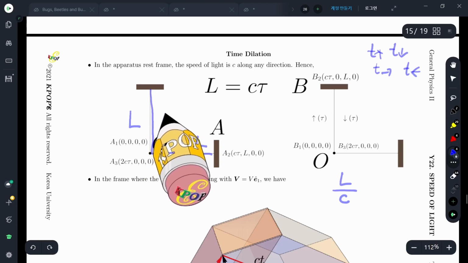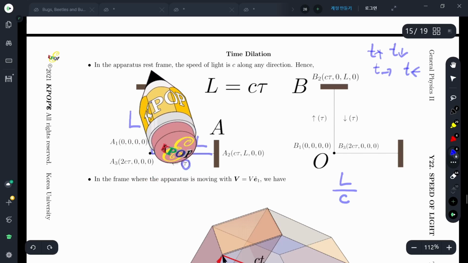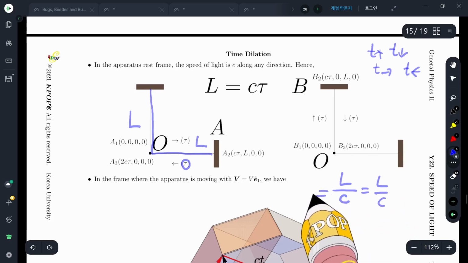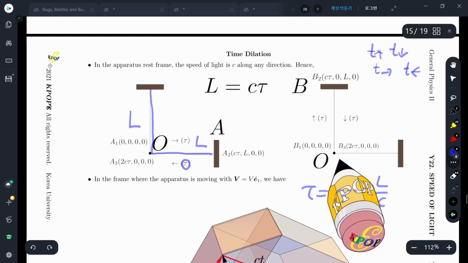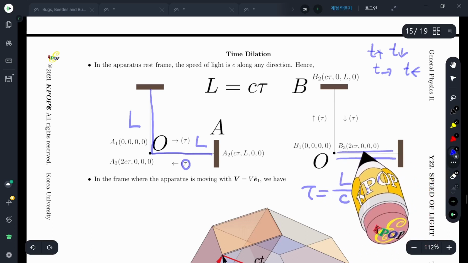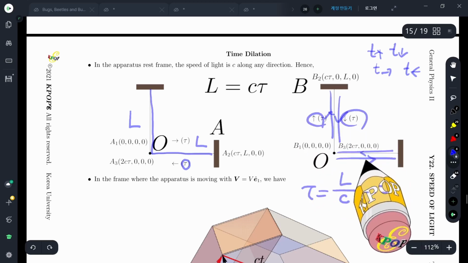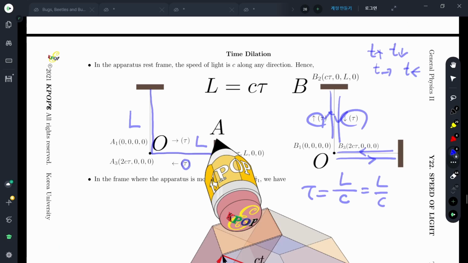The same time is required to arrive at mirror B. They are all the same, and let me call it tau. Because of the symmetry, there is no difference between the time spent going forward and backward, and upward and downward. All four times are the same in the frame where the photon's motion is measured, the rest frame of the Earth.